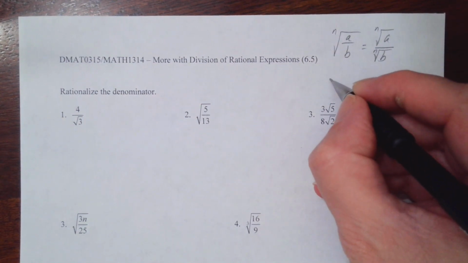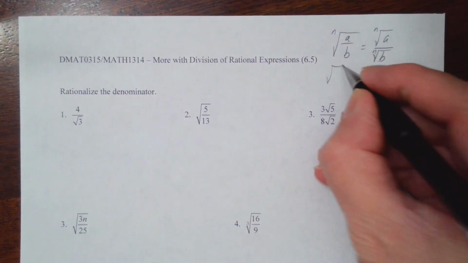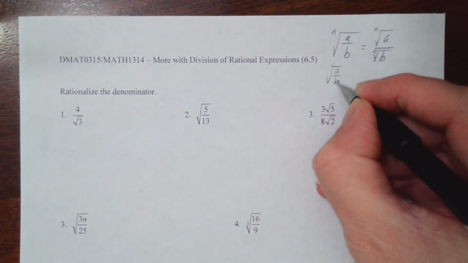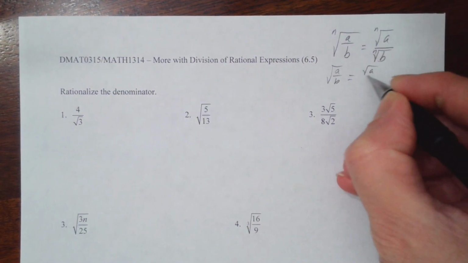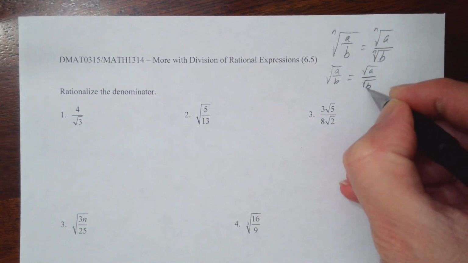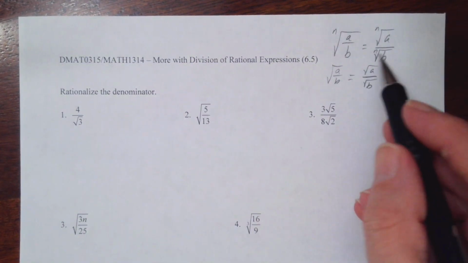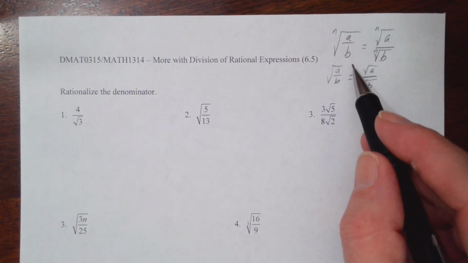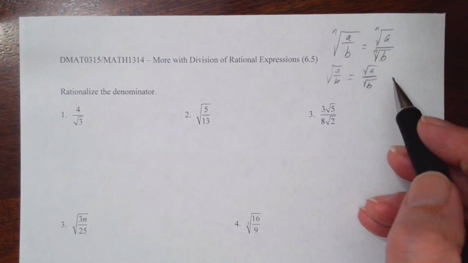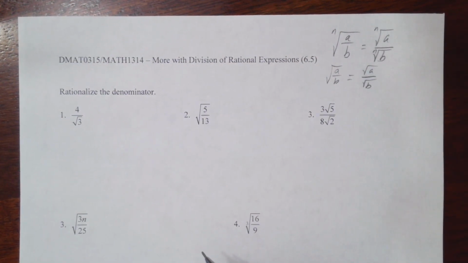And if you have the square root of a over b, that's the square root of a divided by the square root of b. So honestly, we can go either direction with this property, but these are equal. Alright, so let's go ahead and get started.